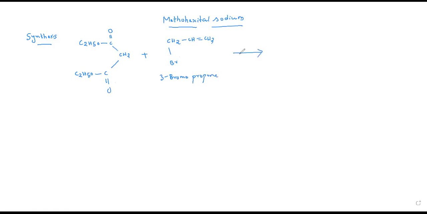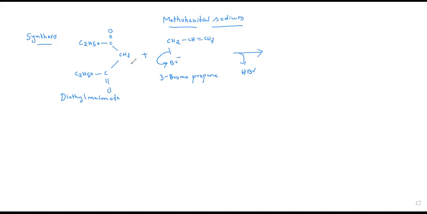Right. So we all know that when 3-bromopropene reacts with diethyl malonate, what happens? Initially, the bond present between the carbon and bromine will break. As bromine has more electronegativity, the electrons will migrate towards the bromine atom and it will get a negative charge.